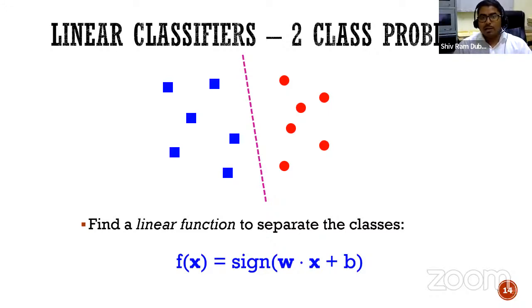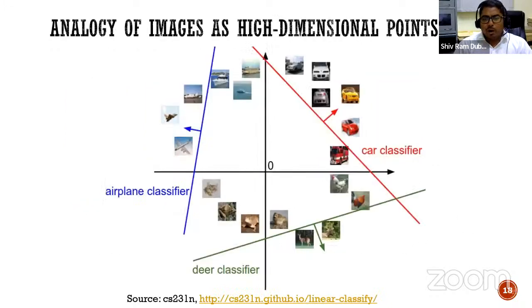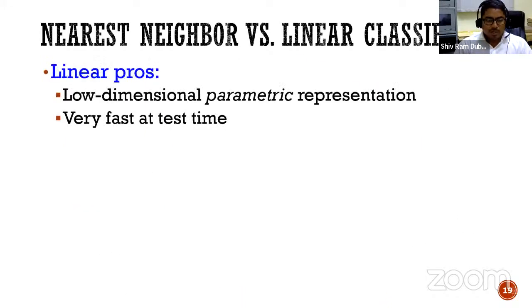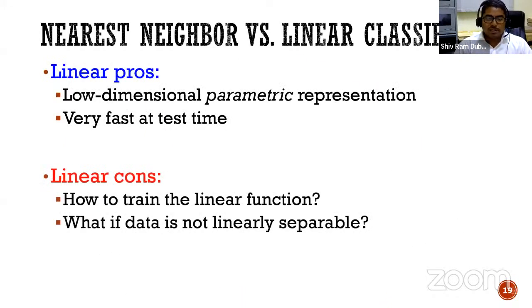In reality, the data sets that we generally deal with are not linearly separable. They are complex data. So how can we solve this problem? That's where the neural network will come into the picture.